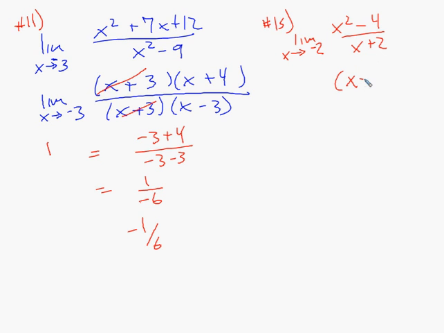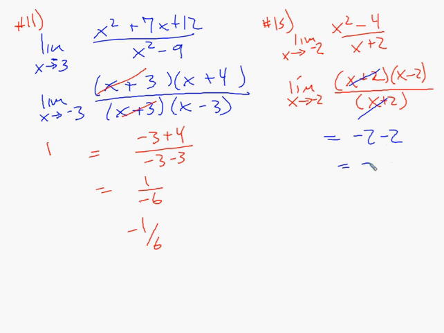So we factor to see if we can remove the discontinuity. We see that we can indeed cancel. So our limit, we can go ahead and replace the negative 2, so negative 2 minus 2, which is negative 4 for number 15.